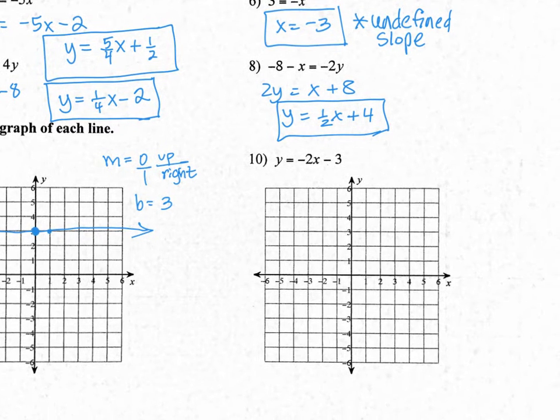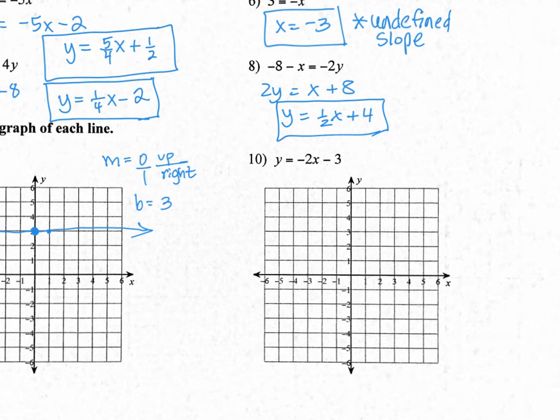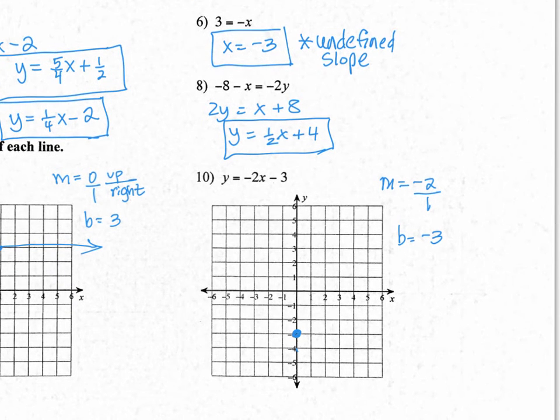On number 10, our slope is -2. Our y-intercept is -3. So you start where y is -3, which is here. And slope is -2. It's not a fraction, so we make it a fraction by putting it over 1. So because this is negative on the top, we go down that top number. But remember, bottom number is always to the right.